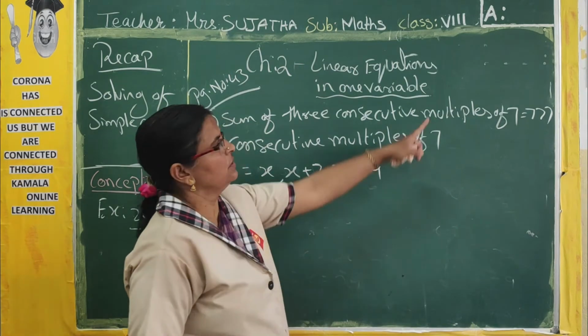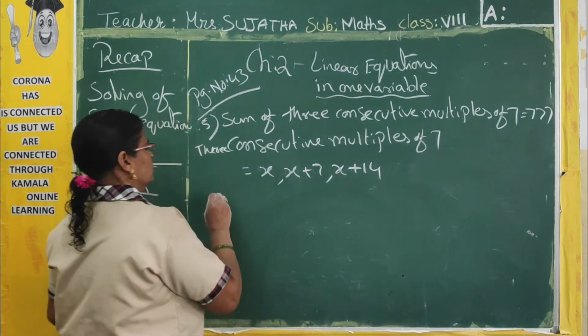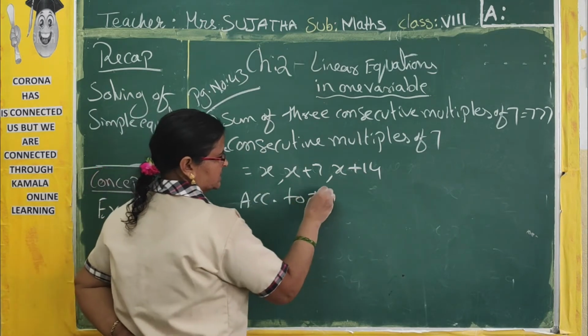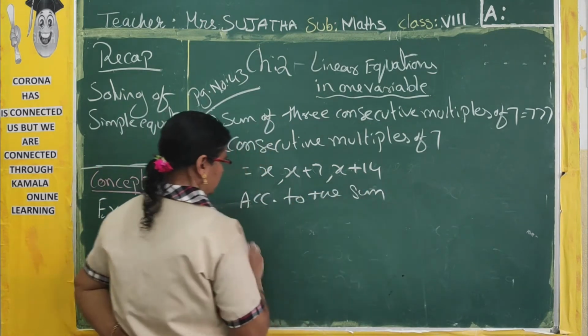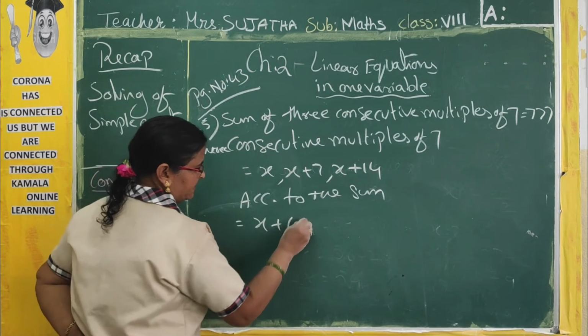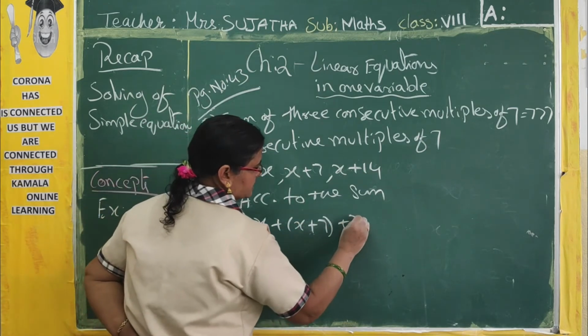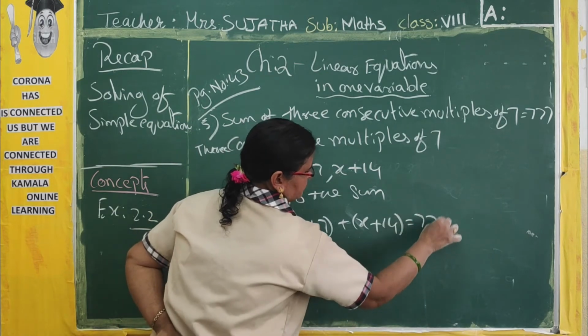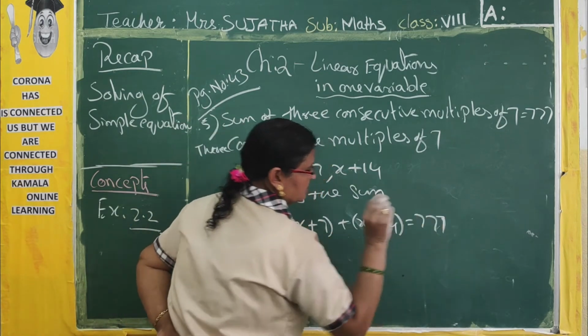If you add these three, you have to get 777. So according to the problem, x plus x plus 7 plus x plus 14 is equal to 777.